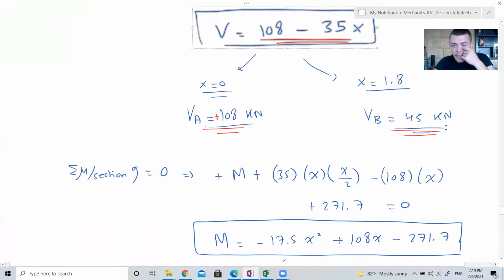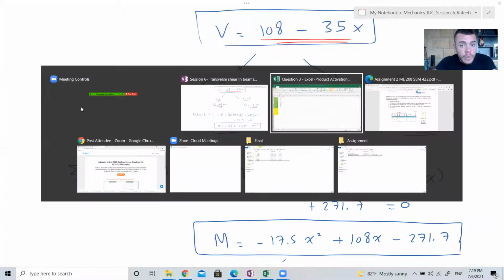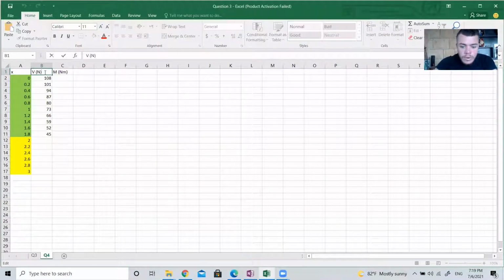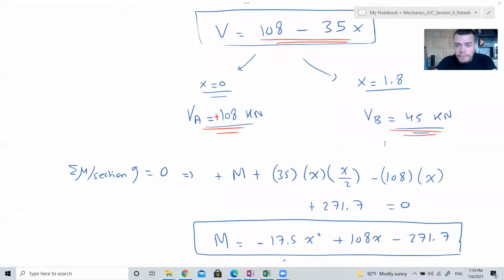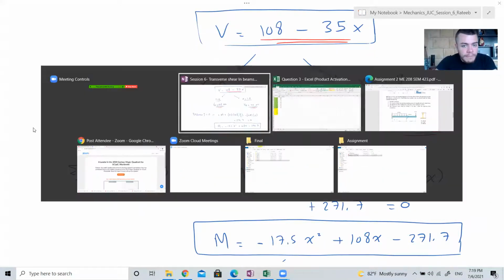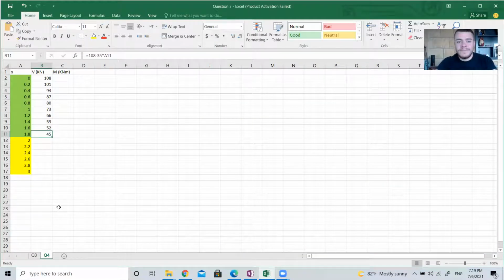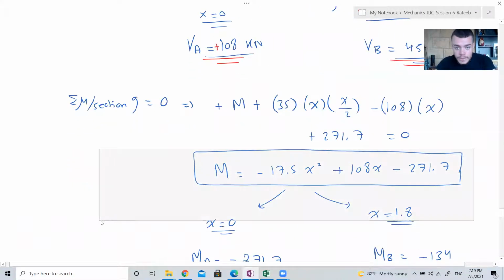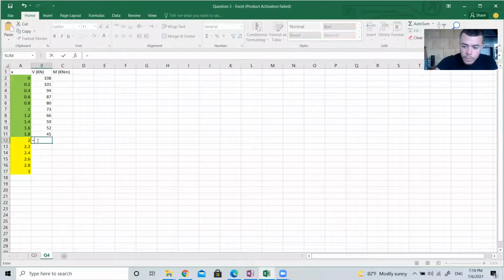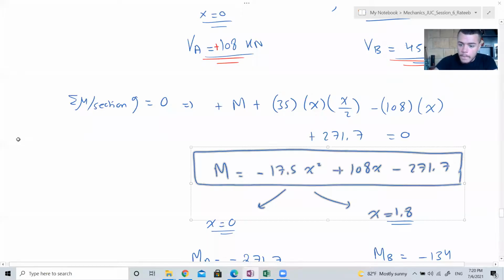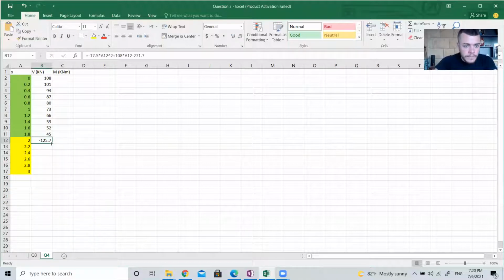Sorry, the shear was in kilonewtons and the moment in kilonewton meters. We go to 45. The moment was like this: equal minus 17.5 times x squared plus 108 times x minus 271.7.